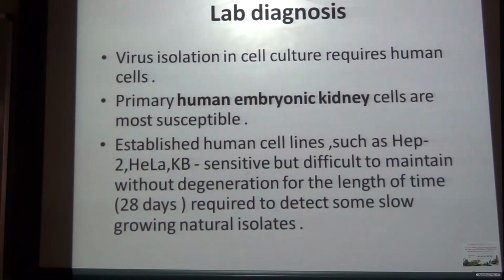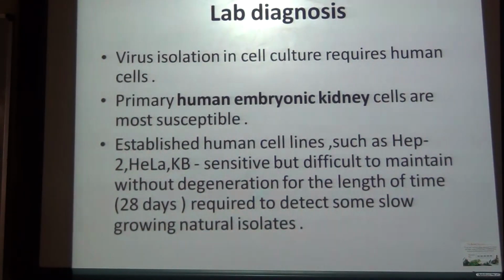So the virus can be isolated by virus culture methods, and the virus is cultured primarily on human cells. One of the examples is human embryonic kidney cells, which are most susceptible. But these are difficult, and these are done in reference labs.